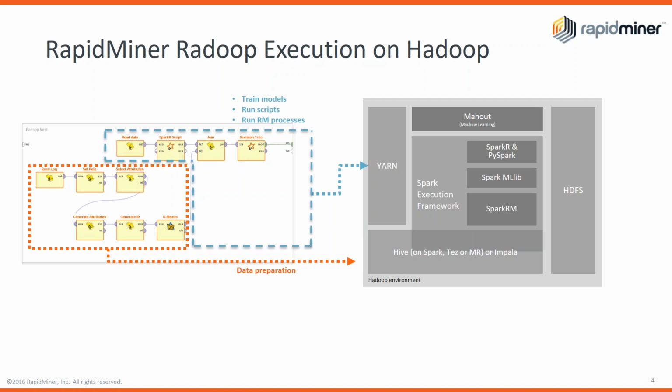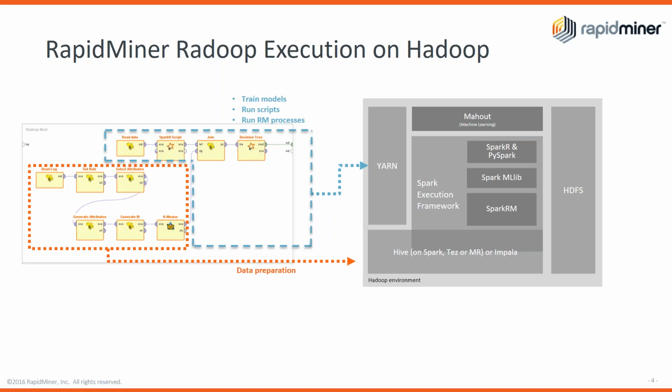And what we have now new is this SparkRM box, this SparkRM piece, which we use to also send, let's say, RapidMiner scripts, RapidMiner visual processes encapsulated to Spark. So we can run them in a similar way as when one takes an R script and sends them to Spark using SparkR for execution.